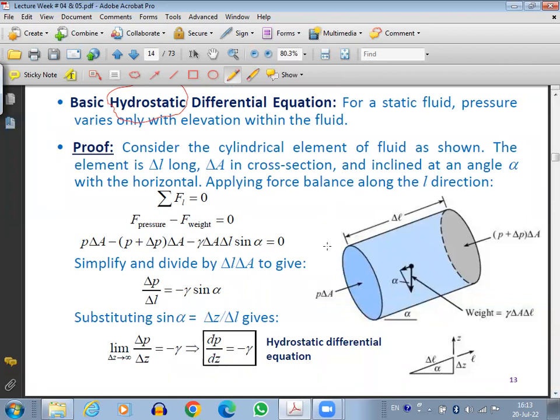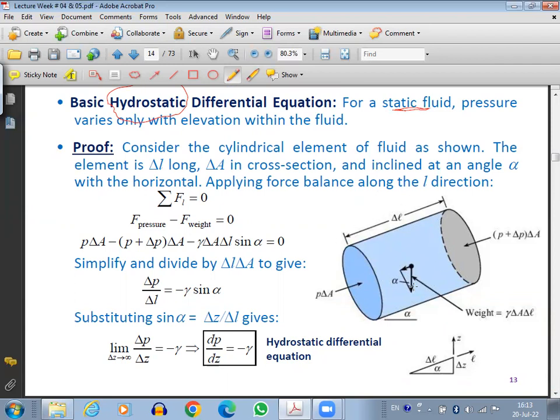So let's say I have a static fluid. The basic hydrostatic differential equation states that for a static fluid, the pressure varies only with elevation within the fluid. Suppose I have a cylindrical fluid element.